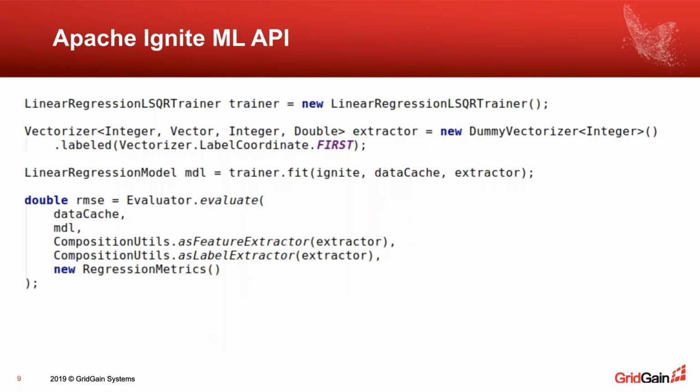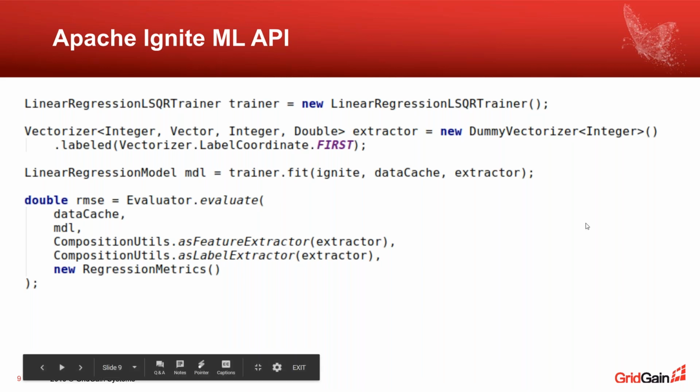So if we want to build, train and evaluate a machine learning model using Apache Ignite, we can do it in 4 steps. The first one is to define which algorithm we want to use. It's the first line here.